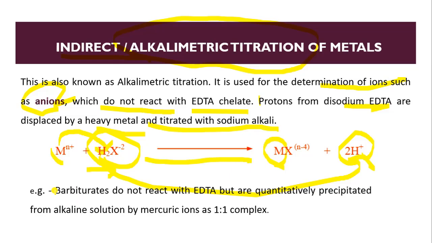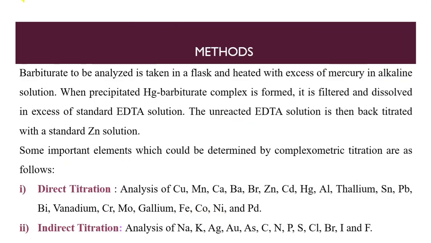Here we will take one example of barbiturate. Barbiturates do not react with EDTA but are precipitated from alkaline solution by mercuric ions, as a 1:1 complex. We will see the example. Two methods are there. We will see the indirect method first. Here the barbiturate to be analyzed is taken in a flask. We heat it with excess mercury in alkaline solution.